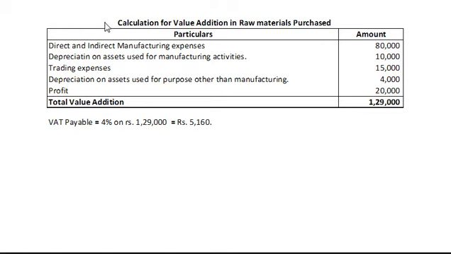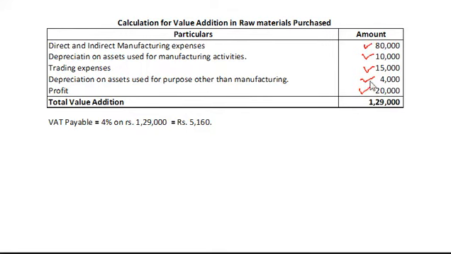Here is the calculation of VAT on value addition in raw materials purchase. First, direct and indirect manufacturing expense 80,000, depreciation on assets used for manufacturing activities 10,000, trading expense 15,000, depreciation other than manufacturing assets 4,000, and finally profit added rupees 20,000.